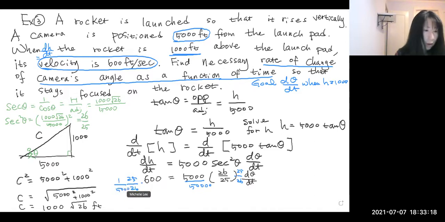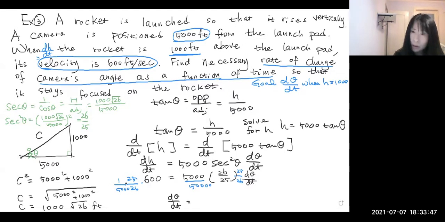Okay. So then, can you simplify this one? d theta over dt, which is, can you simplify?